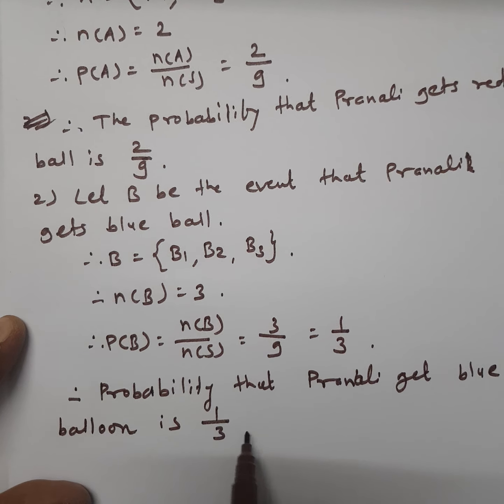Now third, let C be the event that Pranali gets a green balloon. Therefore C is equal to, there are 4 green balloons denoted by G1, G2, G3, G4.